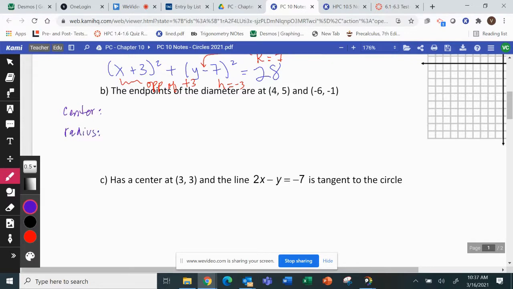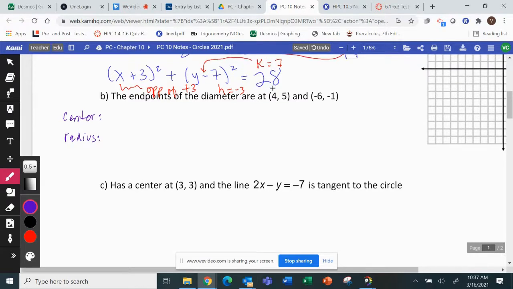Have they given me the center? Have they given me the radius? Then we've got to find them. How can I find the center if I know the two endpoints of the diameter, Chris? The midpoint formula. That's why we did that one.